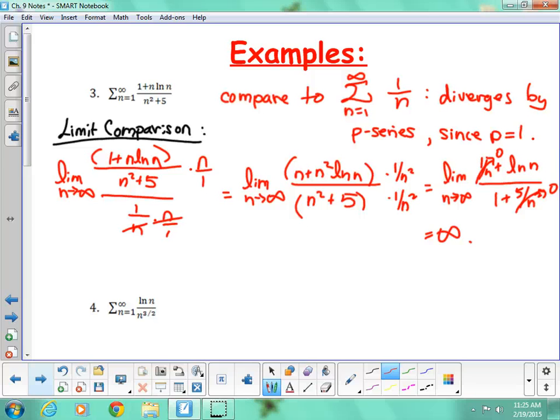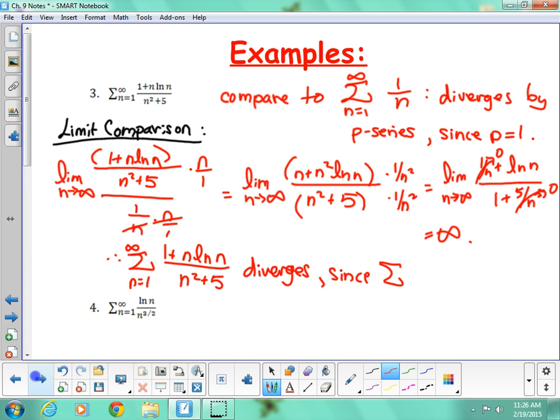The limit is infinity, so therefore I can say by the limit comparison test, my series diverges also. I can say mine does too.